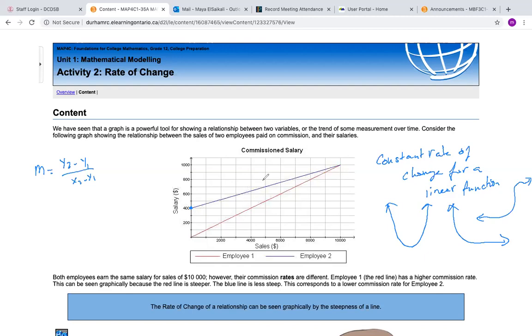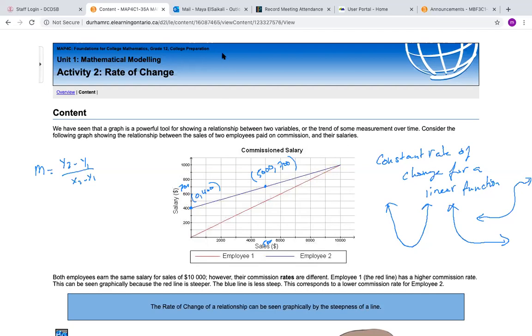It's not going to be very clear. Maybe this point here, which is 5,700. So this point here, it's going to be 5,700, and this point here, it's going to be 0, 400.